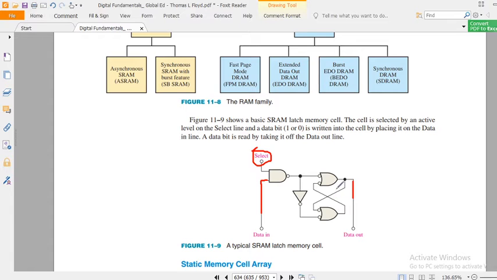Okay, so basically this is a NAND gate cell. You can see it is written in a different format, but it is basically a NAND gate. If you convert this symbol, this is actually A bar.